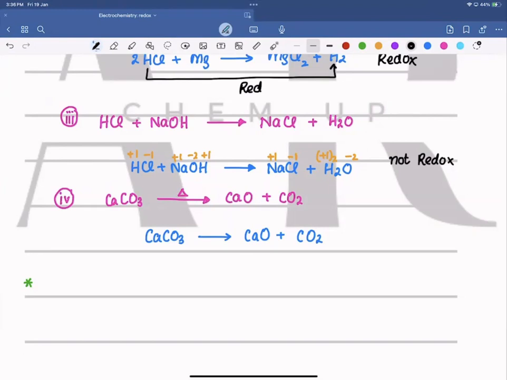Or any other reactive element. Ca is in group 2. So first we place the charge of Ca, right? Then hydrogen, there is no hydrogen, then the most electronegative one, which is oxygen, and at the end carbon. Okay, sir.